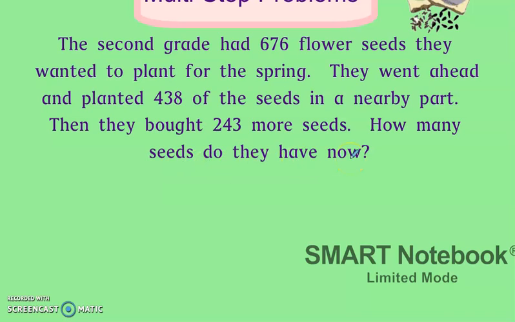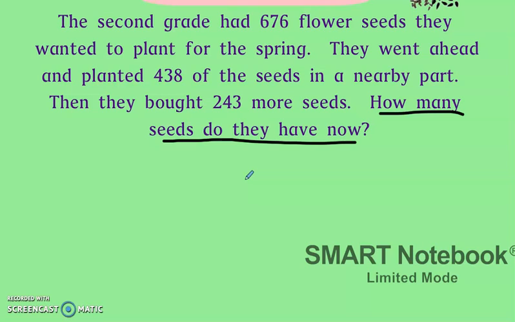Let's think about it and go to our problem-solving checklist. What are they asking us? They are asking us, how many seeds do they have now? You are correct. Now, what are our numbers we have here? We know she had 676 flower seeds, right, for spring, and then went ahead and planted 438 seeds.